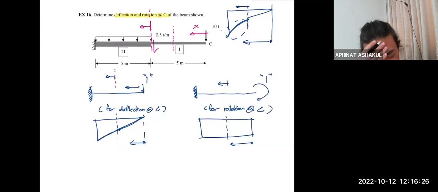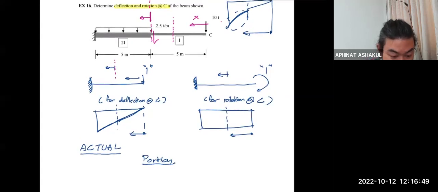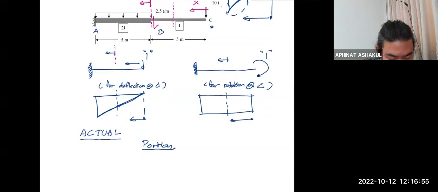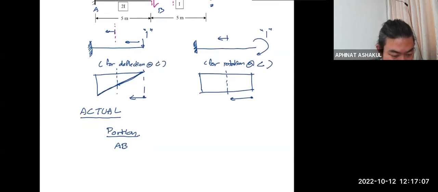So after we take care of this, we can just start writing the equation. I don't remember what kind of format I should use. Okay, all right. Let's do this. Now I need to break this into portions. Let's say this is A, this is B, and that is C. So I have portion AB, and I have my portion BC.